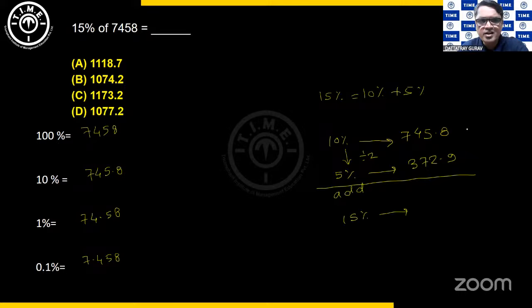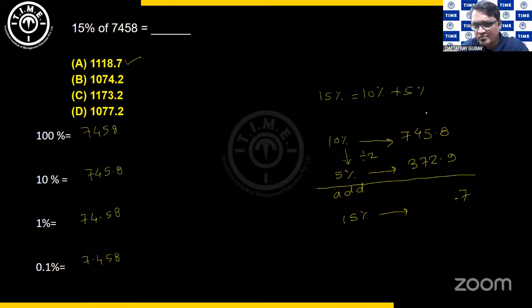Now if I start the addition, 8 plus 9, the answer ends with 7. Now please understand, how many options end with 7? There is only one option ending with 7. So that option is the answer. Okay, just complete the addition part. 8 plus 9 is 17.